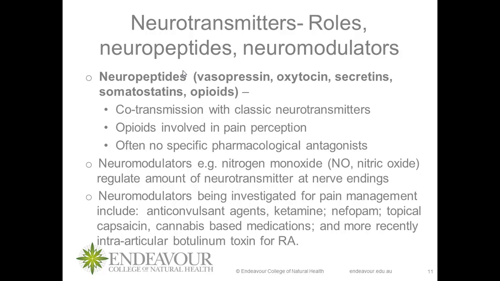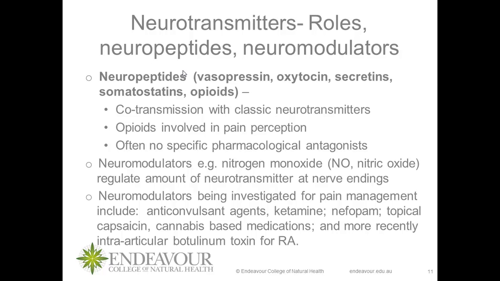We've talked about how there are some substances in the cannabis plant, tetrahydrocannabinol for example, that might be neuromodulatory. You can use lower levels of opioids if you use tetrahydrocannabinol because it has a synergistic action with the opioid.